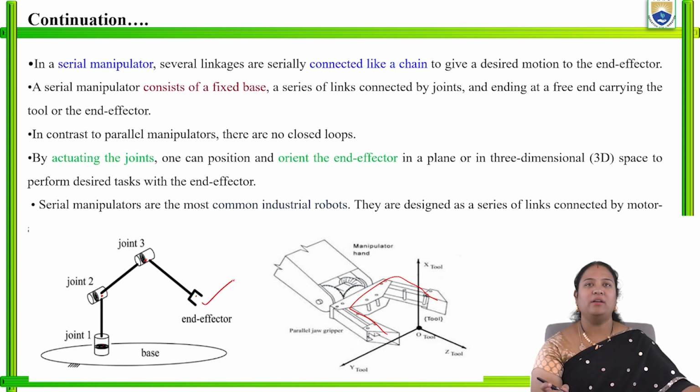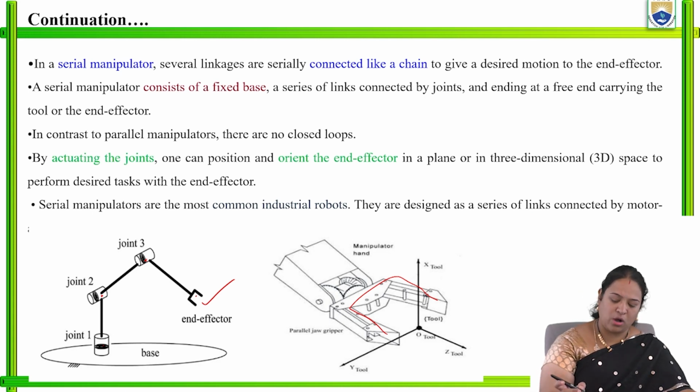That is, the motion of the end effector will be achieved with the help of the serial connection, like a chain. Right? In a serial manipulator, we have a constant base. Right?